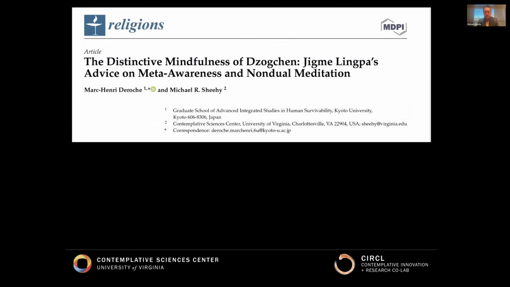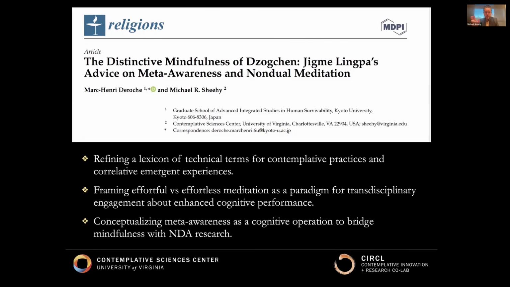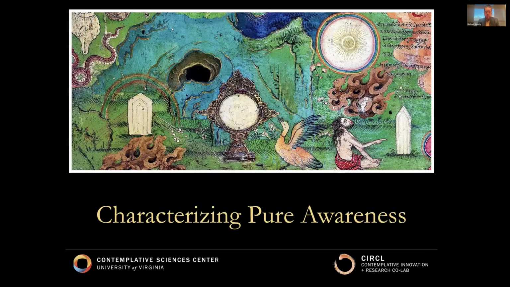If you're interested, I've written a paper with my colleague Marc-Henri Desroches that outlines how non-dual awareness and non-dual techniques of meditation are differentiated from what gets called dualistic mindfulness, or contemplative techniques that are designed but also have their limitations due to reifying dualistic structures. And if you're interested, you can check that out. So that's all just to make this very clear distinction.